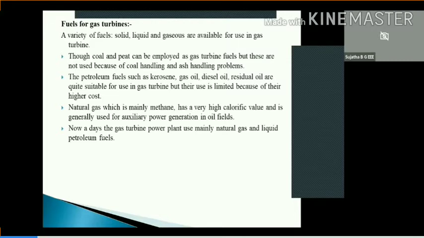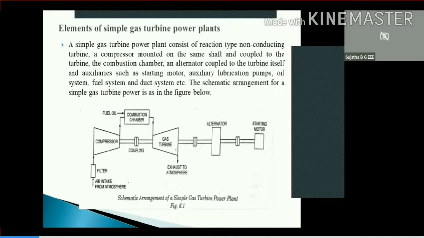That means we will get a large amount of heat by using methane. It is generally used for auxiliary power generation in oil fields. Nowadays, gas turbine power plants use mainly natural gas and liquid petroleum fuels. So these are the different types of fuels used for gas turbines.